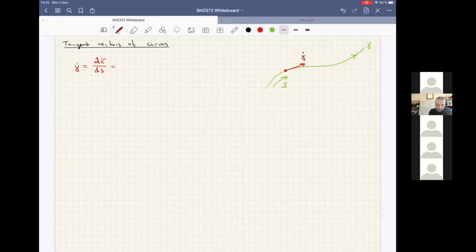Now, if we use the chain rule here, this is the same as dchi^A/ds multiplied by ∂x/∂chi^A.